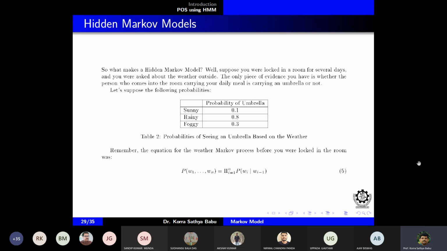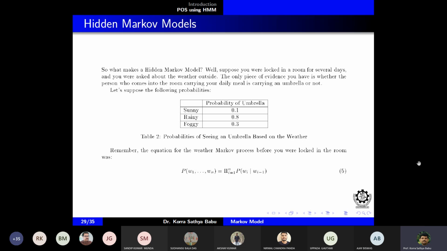Some probability is associated with the person carrying the umbrella. Let us assume the probability for the caretaker who comes into your room to give you your daily meal is given like this.